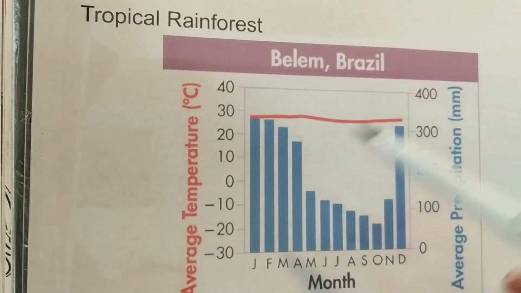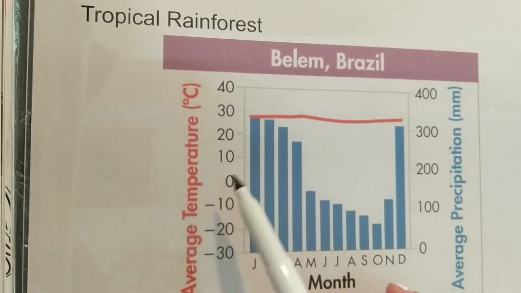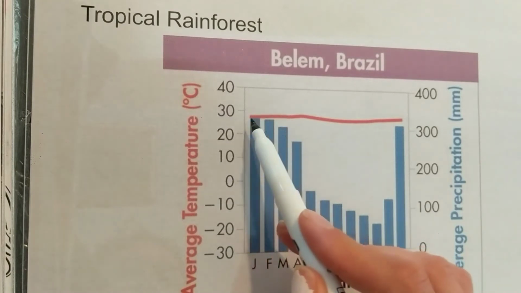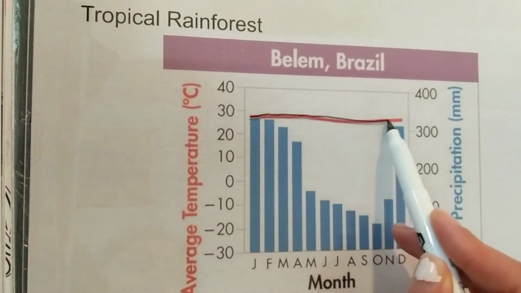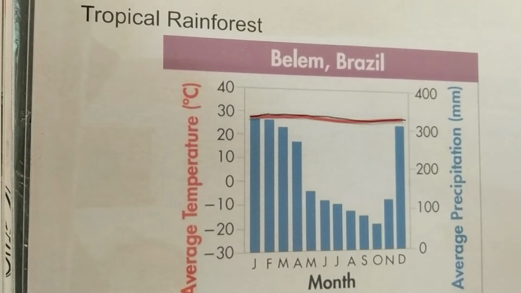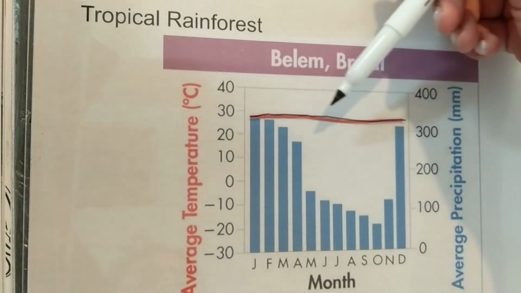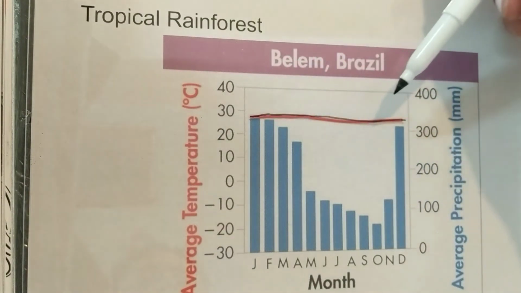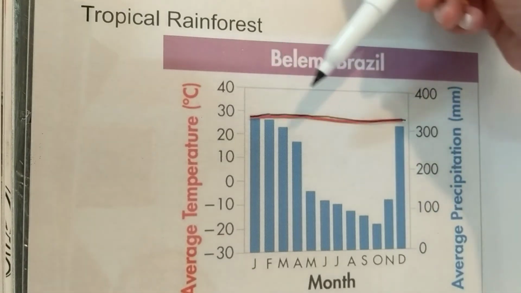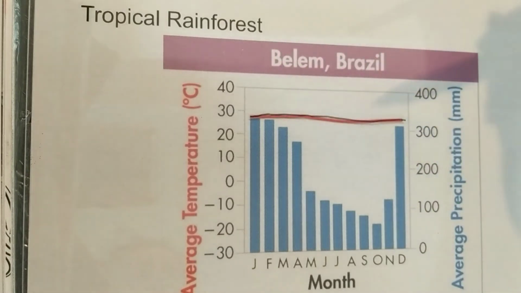Let's look at the average temperature first. What do we notice about this relationship? What happens over time? You should notice that it's fairly constant. We do have minor fluctuations, but it's usually up in the 85-degree range.